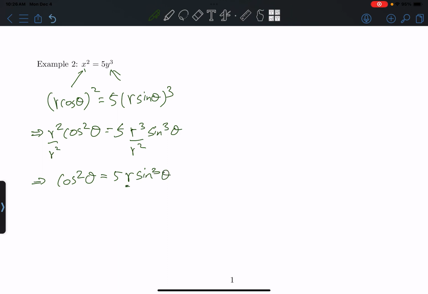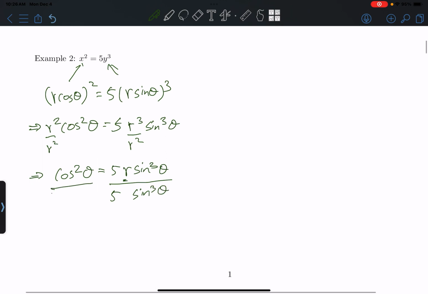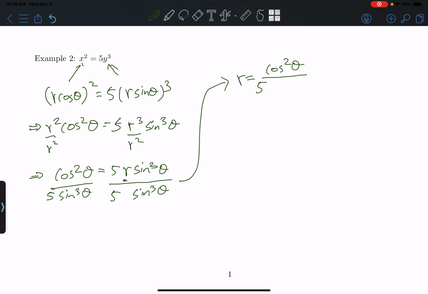Again, I want the r to be by itself, so I'm just going to go ahead and divide 5 sine cubed theta on both sides. Okay, and once again, I'm going to go ahead and write the r first. So r equals cosine squared theta over 5 sine cubed theta.